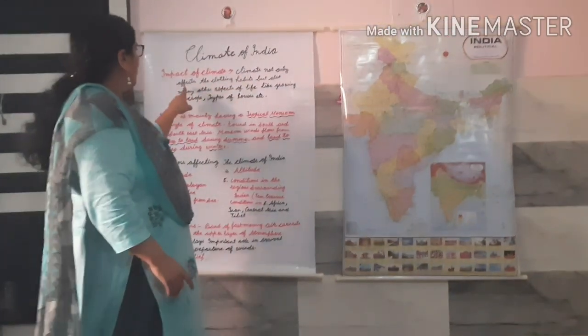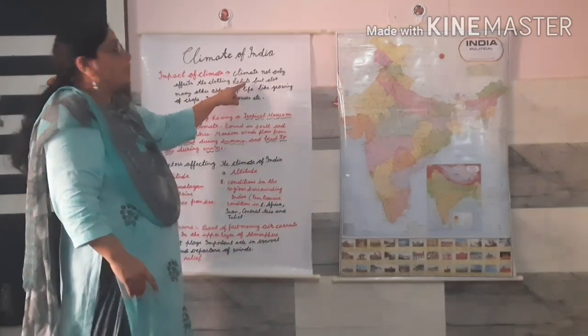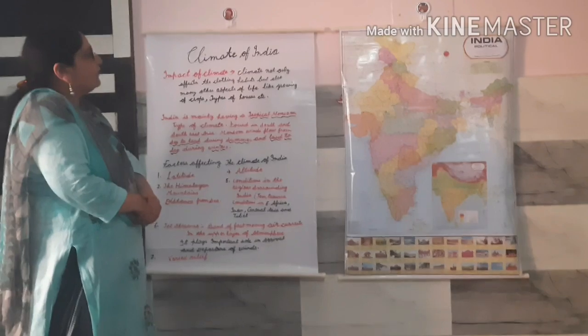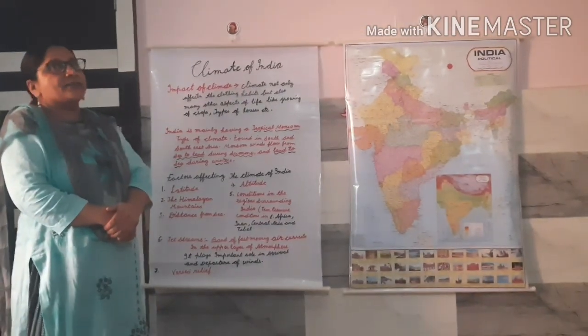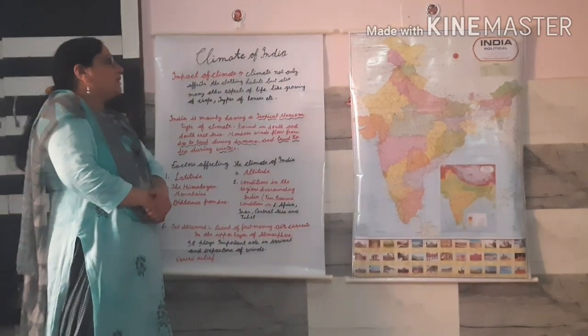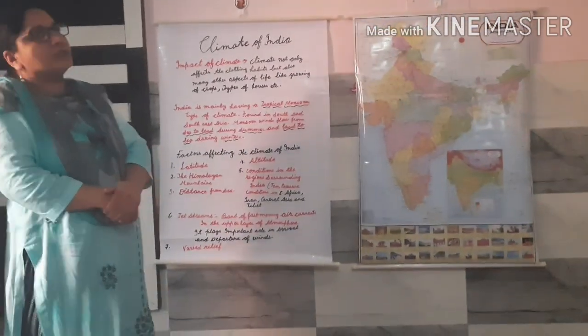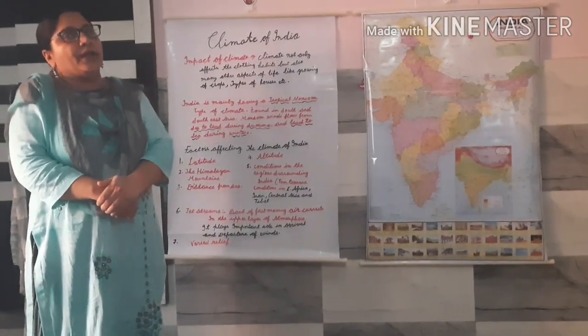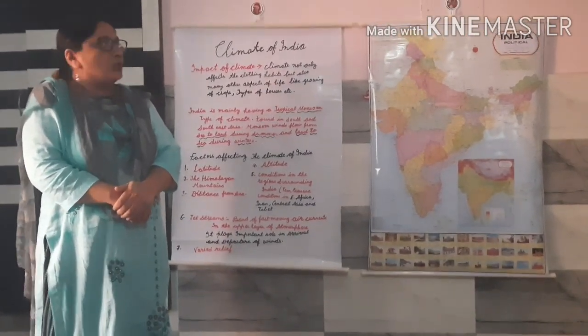Climate not only affects the clothing habit. What it means is that the people who are living in the mountainous areas wear woolen clothes. But on the other hand, the people who are living in South India or in the coastal regions have no need of woolen clothes.